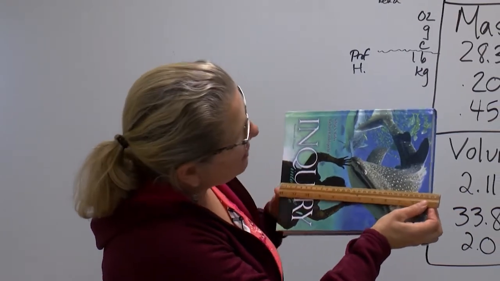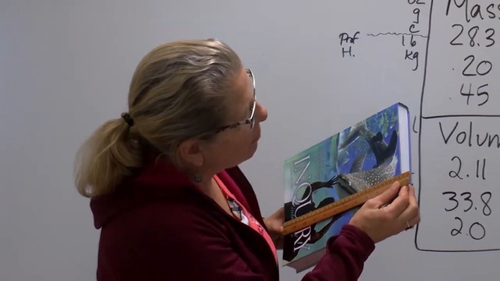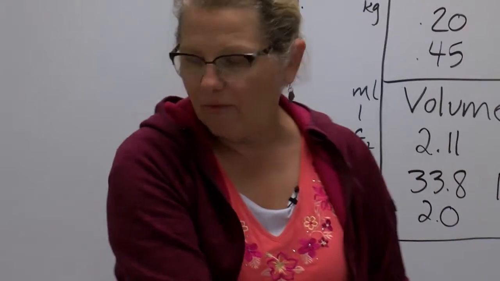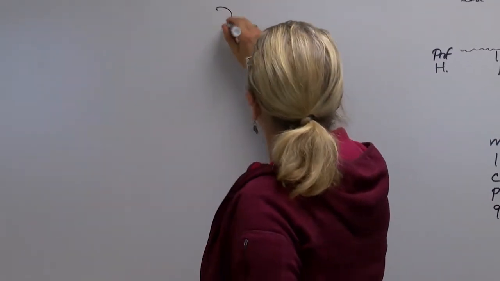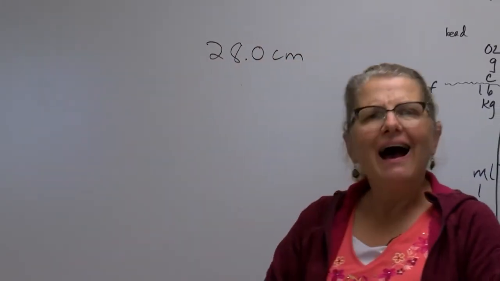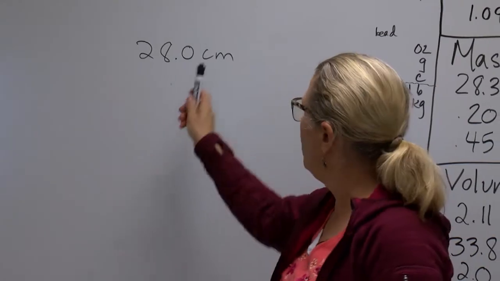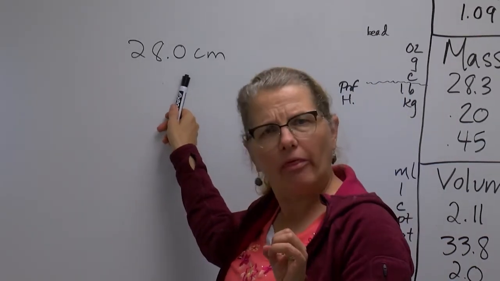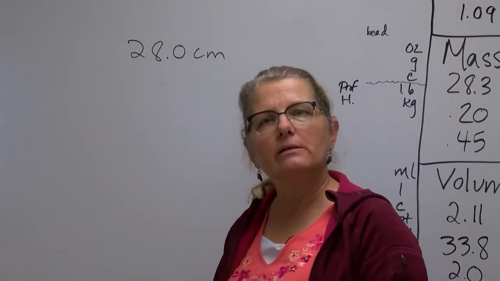All right, so with this, I am measuring the length of the book. And the length of the book is 28.0 centimeters. I am saying that I know within 1/10 how long that book is.